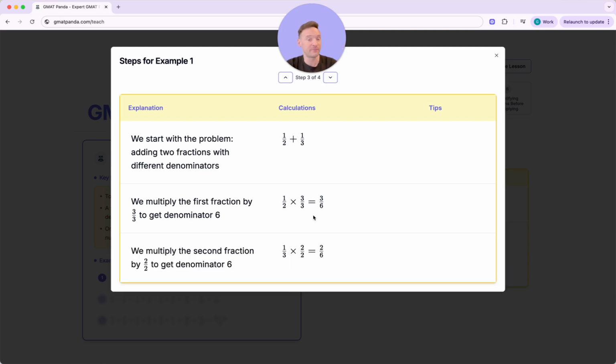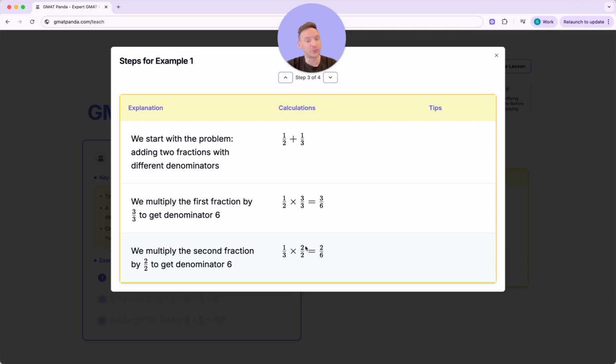Now, the second fraction was 1/3. And in this case, we also want the same denominator of 6 at the bottom. So to go from 3 to 6, we multiply by 2. And again, we don't want to change the value of the fraction, so we also multiply the top by 2. So 1 times 2 equals 2, and 3 times 2 equals 6, so we end up with 2 over 6.